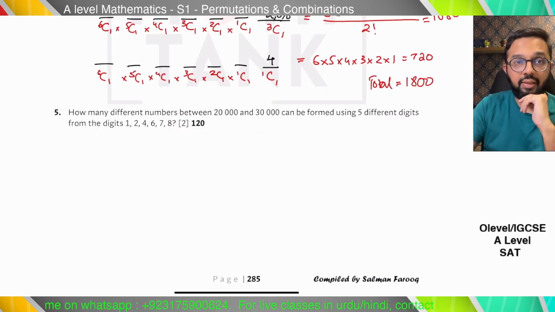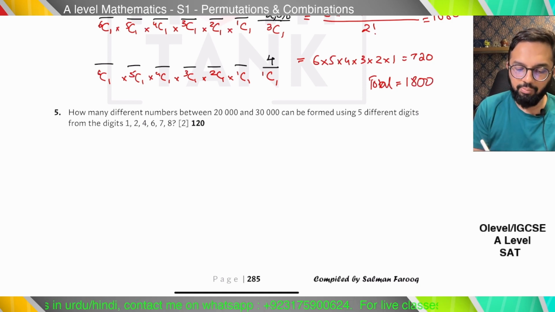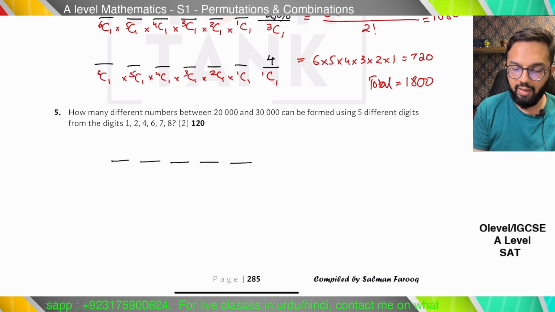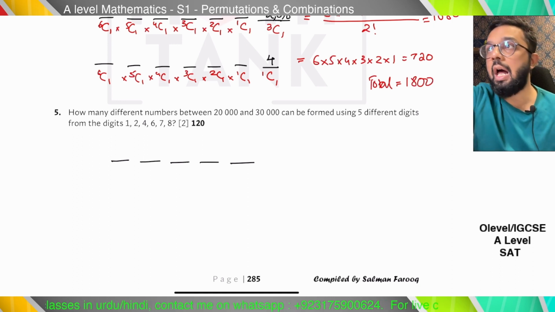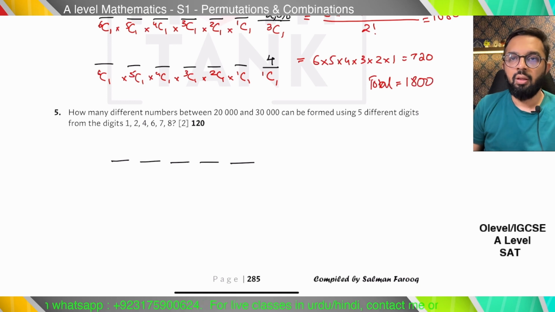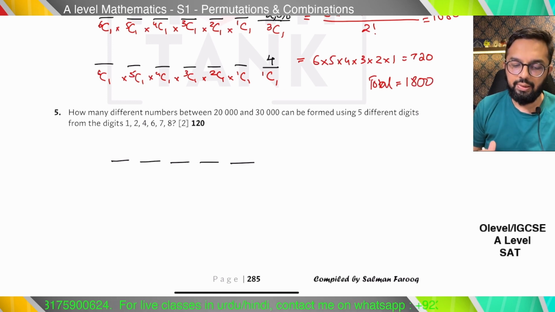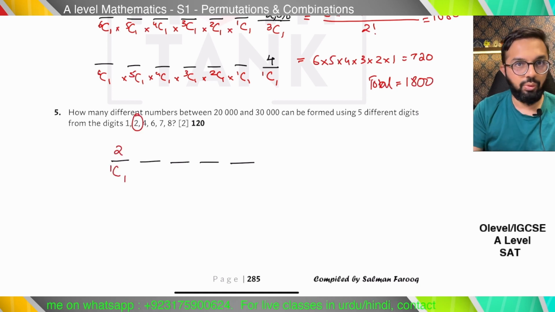Okay, taking you to the next question. Now it says find how many different numbers between 20,000 and 30,000. Now I have very specific numbers that I want to find out. So I put down my dashes. They are going to be 5-digit numbers because between 20,000 and 30,000, I cannot have more digits available than there. So I know that the only number that can come up here is 2, so that's 1C1 choice.